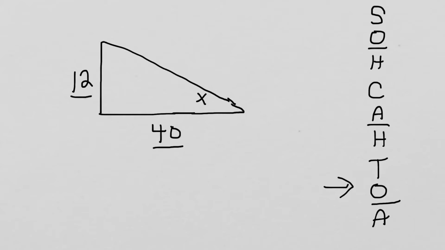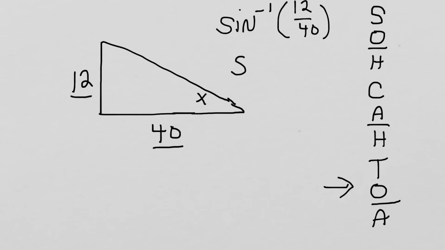It's going to look like this: inverse function of the ratio, equals 12 over 40. The way to enter that into your calculator is like this. You clear your calculator, you hit 12 divided by 40 equals 0.3.